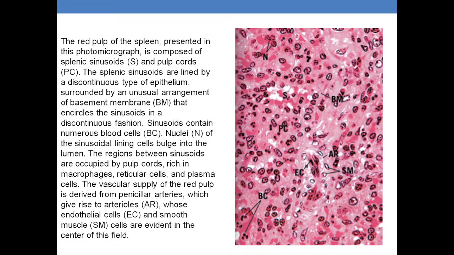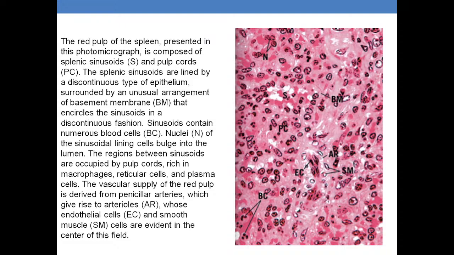Sinusoids contain numerous blood cells. Nuclei of the sinusoid lining cells bulge into the lumen. The regions between sinusoids are occupied by pulp cords, rich in macrophages, reticular cells, and plasma cells.